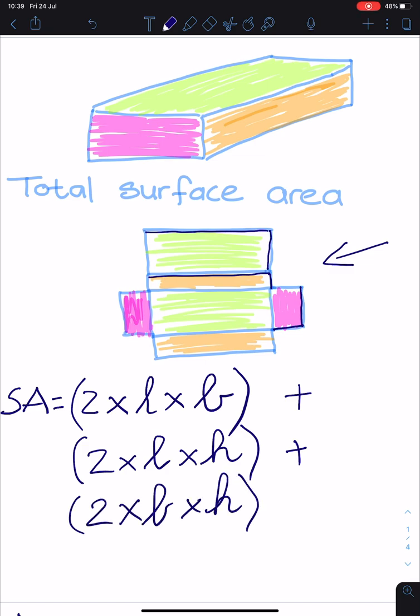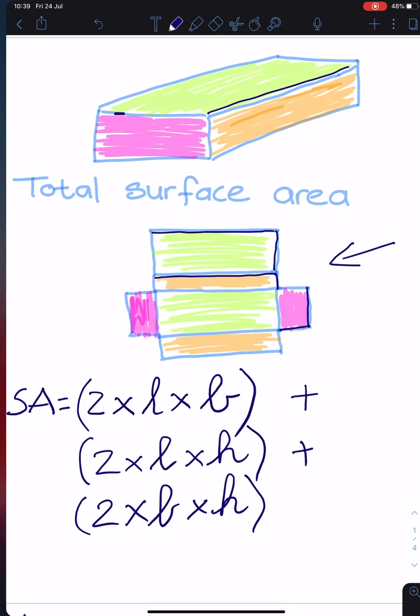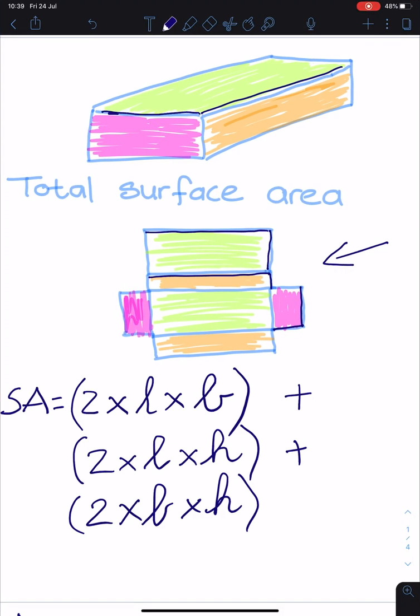So let's have a look at that again. If we look at the top picture, the rectangular prism, there are 2 of the green sides, length times breadth, and look down at the formula, 2 of those.